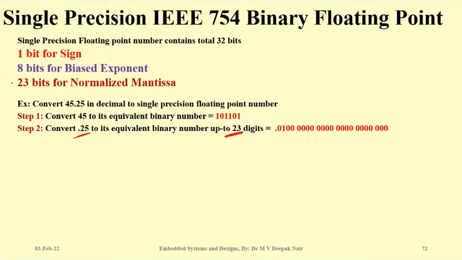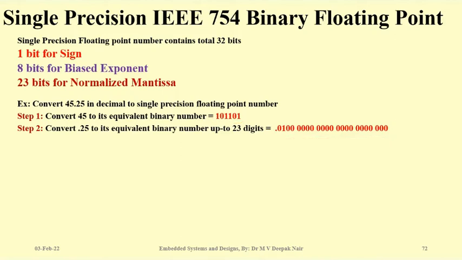Why 23 digits? This will go to the mantissa part. So even though you have zeros here, keep it up to 23. Clear? Now we have this number representing 45 and this number representing .25.